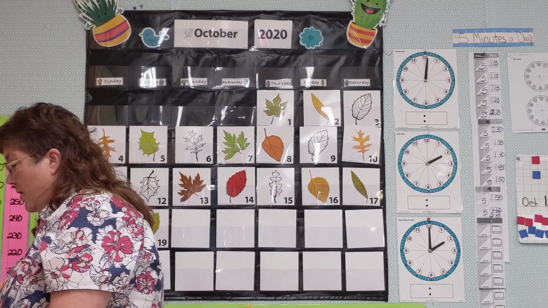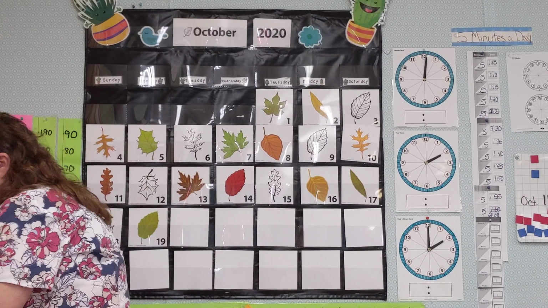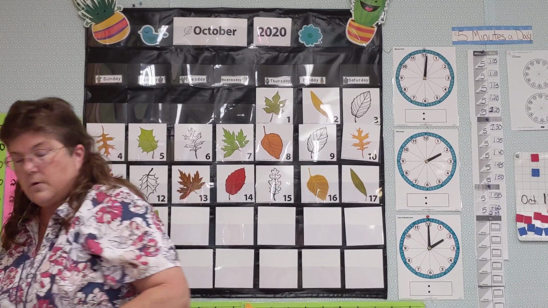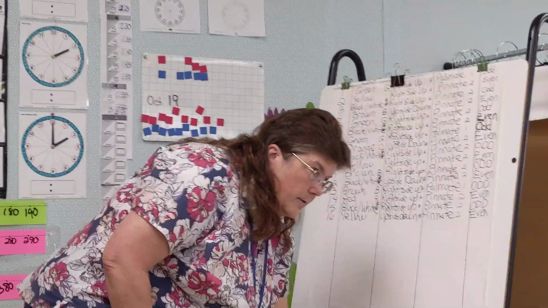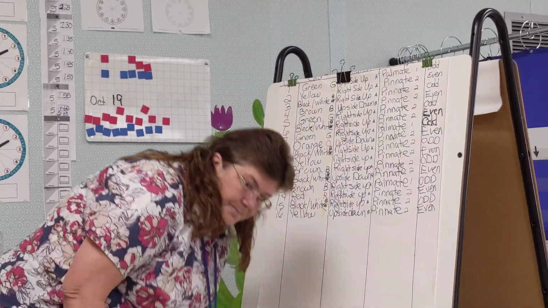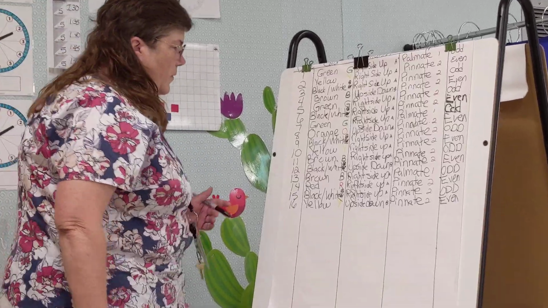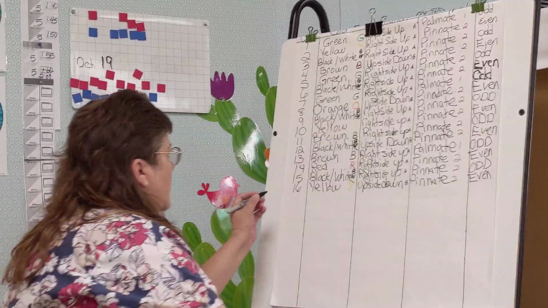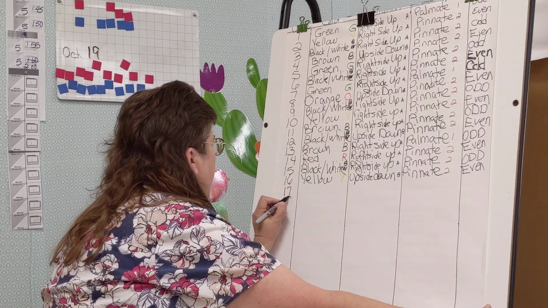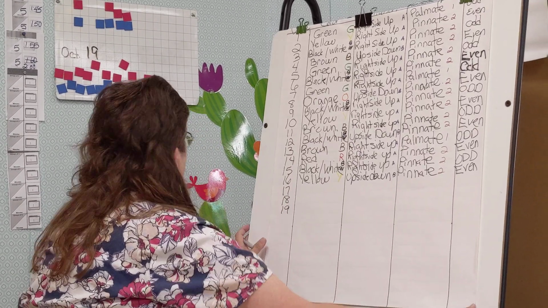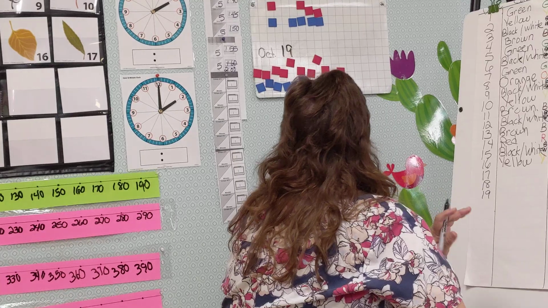Okay, now I get to fill in our chart. Let me grab a chair because we're getting pretty low. Okay, we're going to do the 17th, 18th, and 19th. So the 17th is green.